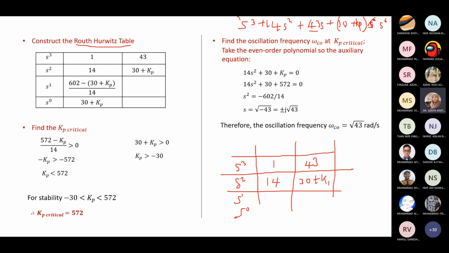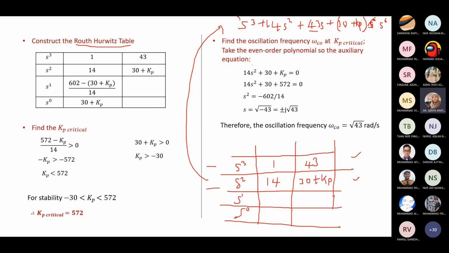So that means for the Routh table, we will fill the values for two rows from the characteristic equation, or from the denominator equation. We take the coefficients like this. And for the rest of the rows, you need to calculate.